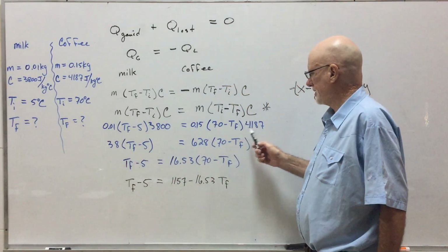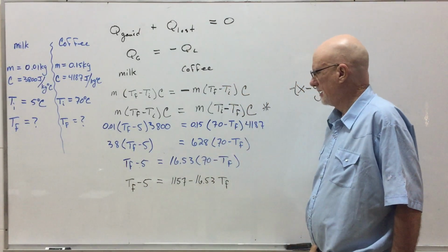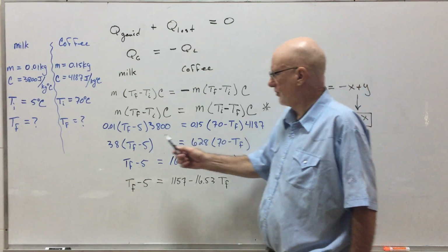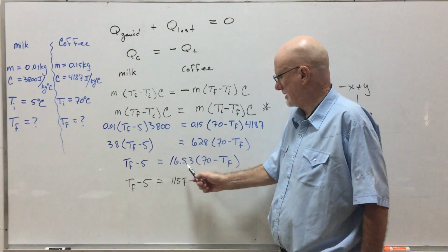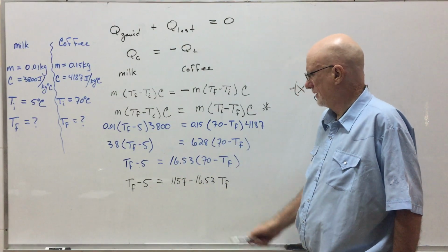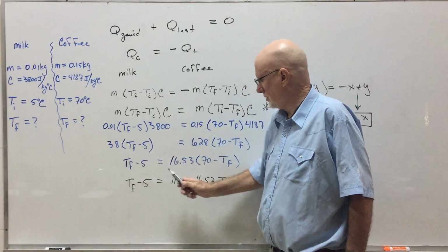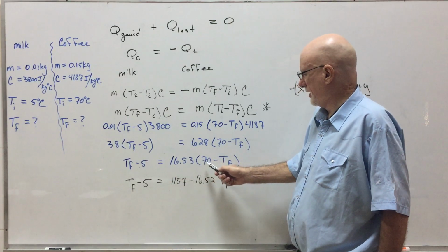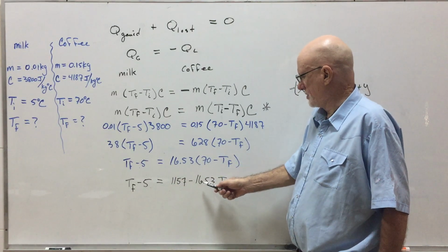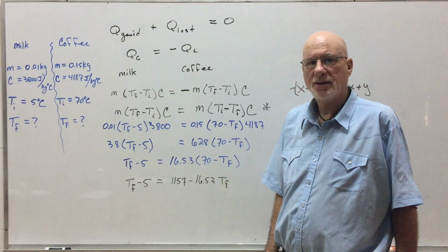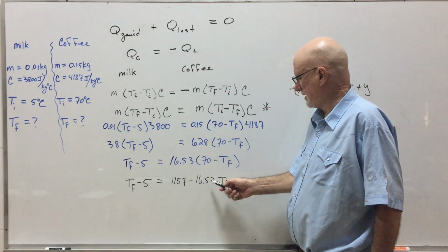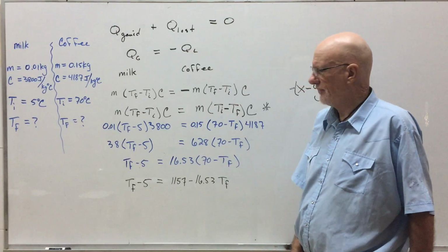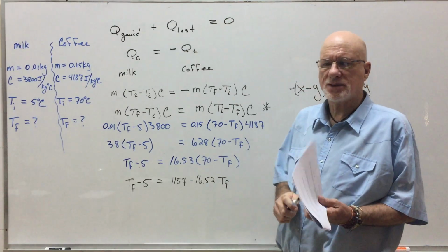This times this is going to be 628. And then divide through by 38. So 628 divided by 38 is 16.53. Leave that alone. 16.53 times 70 is going to be 1157 minus 16.53 TF. So that's where we're at.